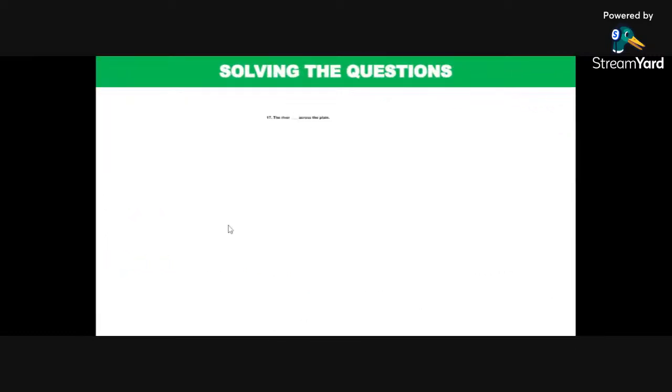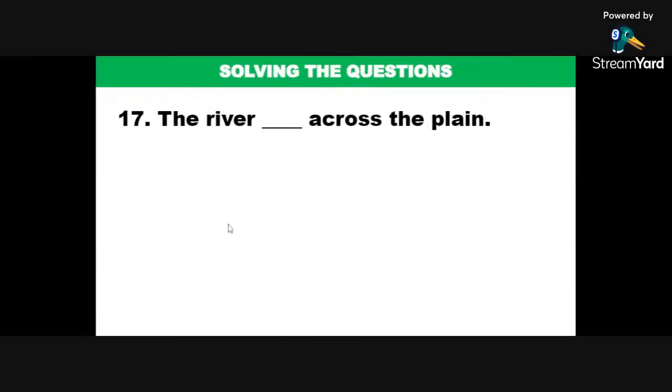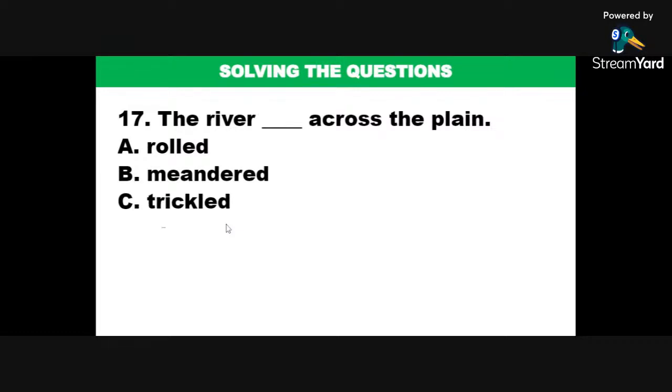Question 17. The river dashed across the plain. A, road. B, meandered. C, trickled. D, passed. The correct answer is meandered, because this word belongs to the language of geography.